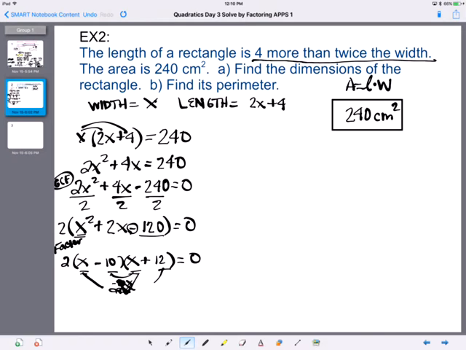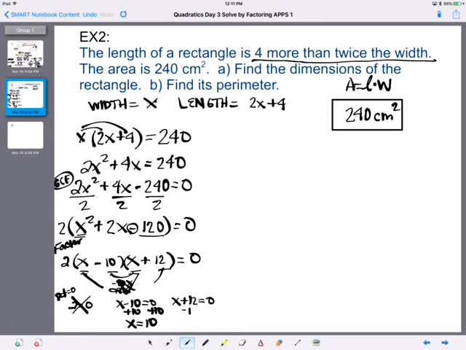You need to set equal to 0 or use your zero product property. So 2 equals 0, x minus 10 equals 0, and x plus 12 equals 0. 2 equals 0 does not make any sense, so cross it out. To get x by itself, you do the opposite of negative 10. Get positive 10.